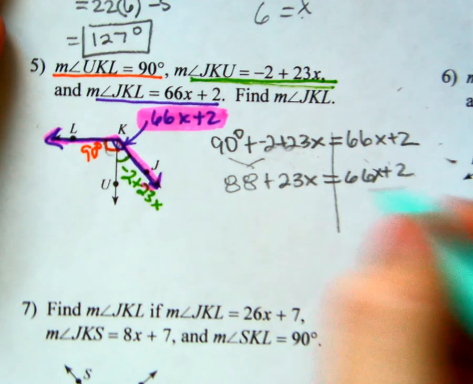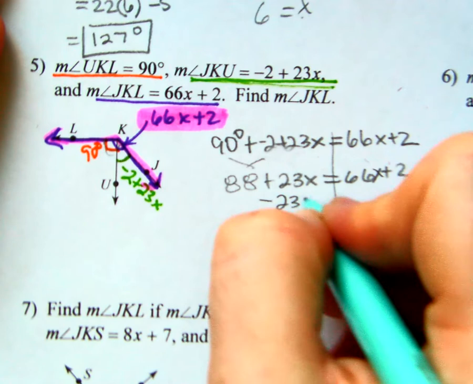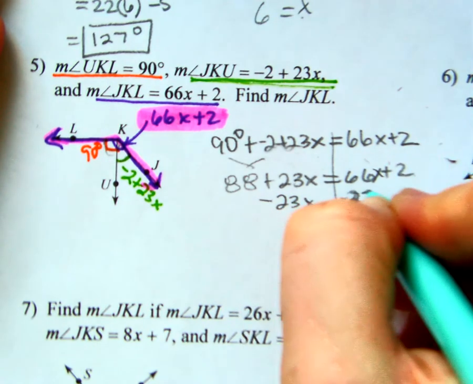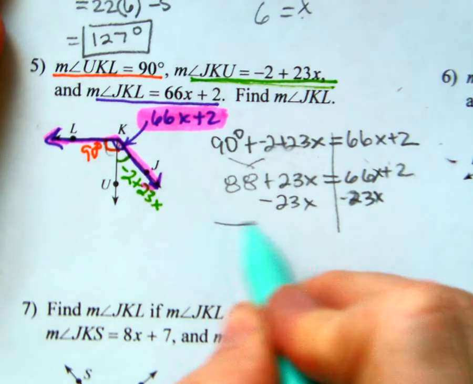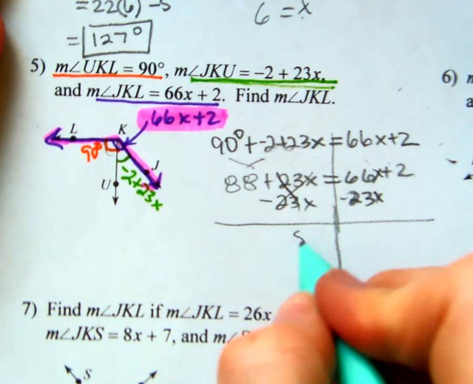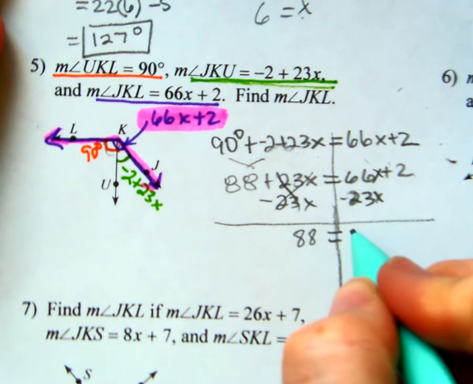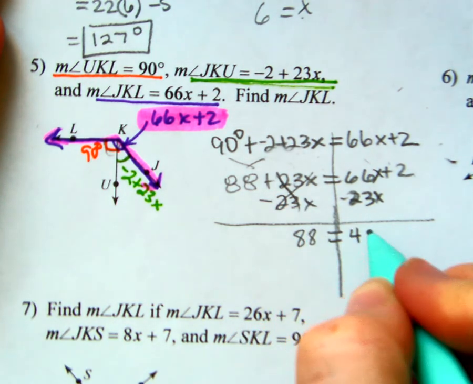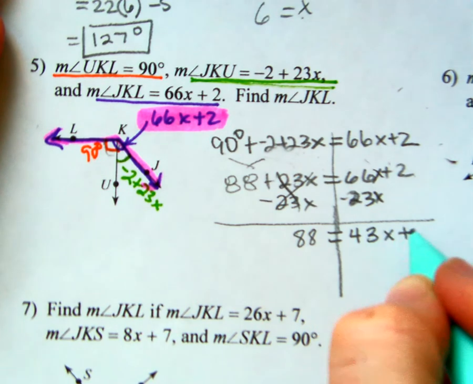And so put the x's together. I'll eliminate the 23x on this side by subtracting it from both sides. And that gives me 88 is equal to 43x.